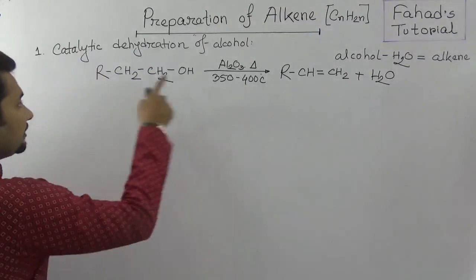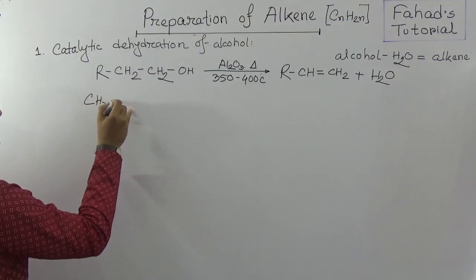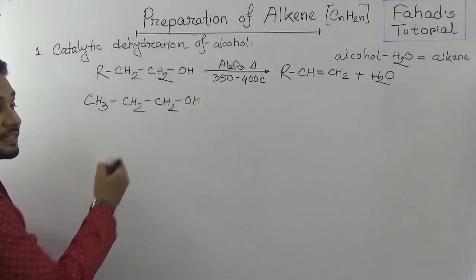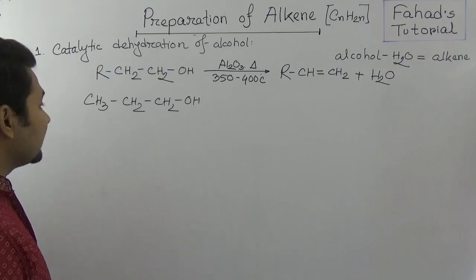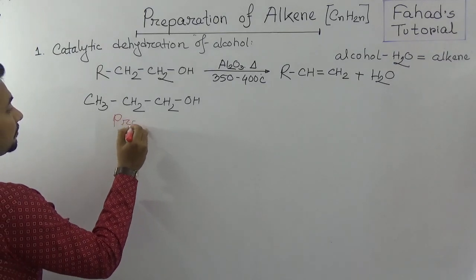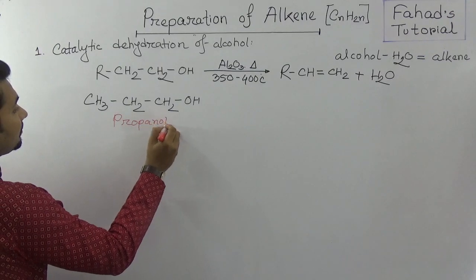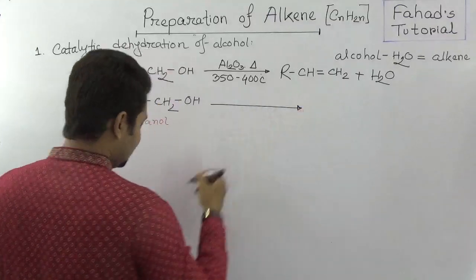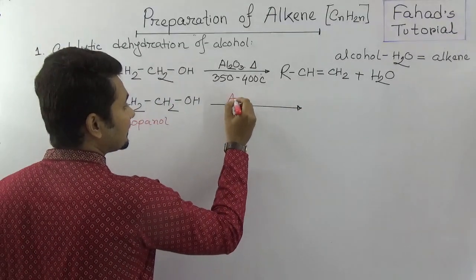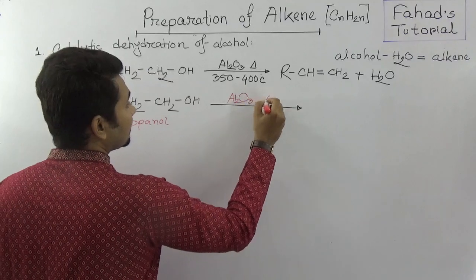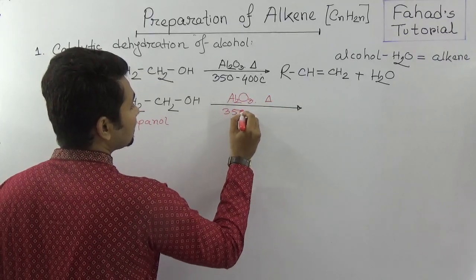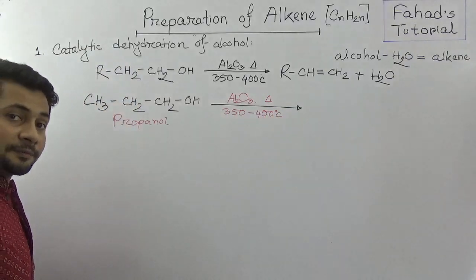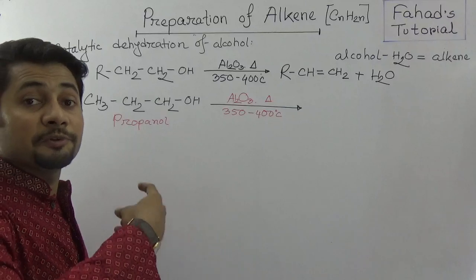So simply, if you see CH3, CH2, CH2OH, that is a 3-carbon alcohol. So the name is propanol, and if you heat it in the presence of aluminium oxide, Al2O3, at 350 to 400 degrees Celsius, then this propanol will produce propene.